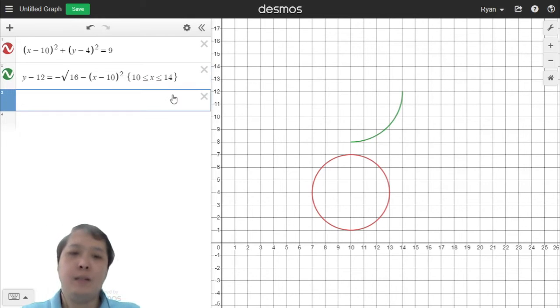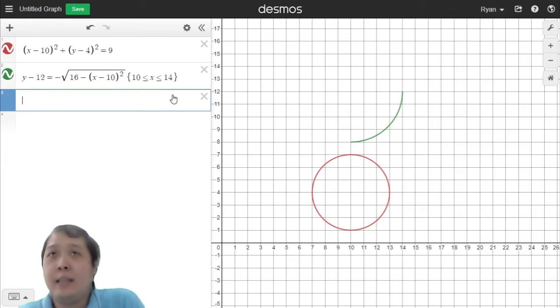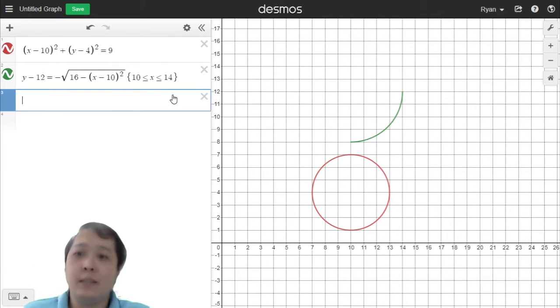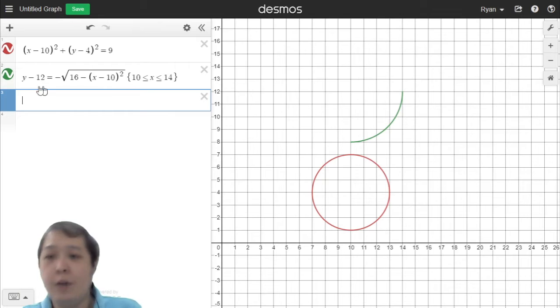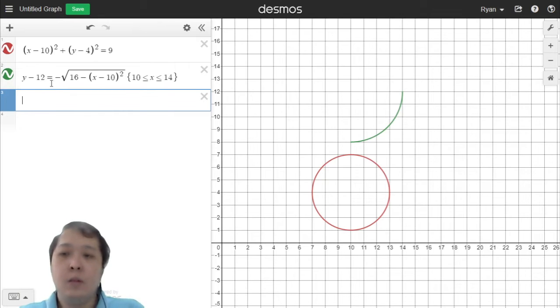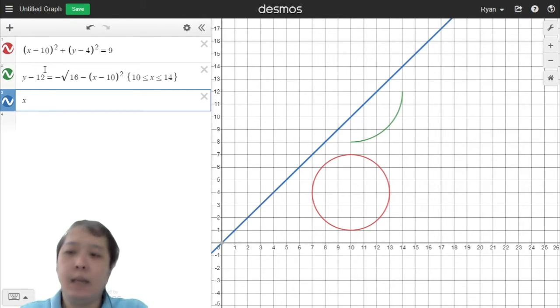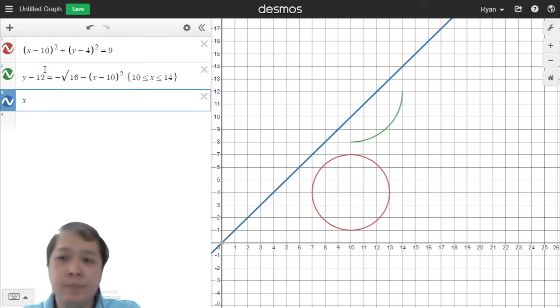Okay, can we draw a semicircle like this? I mean the left side only semicircle and right semicircle? Yes. However, we are going to do the opposite way of this one. We are going to make x the subject of the equation.